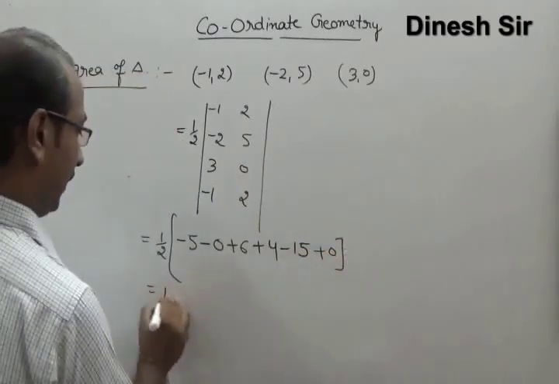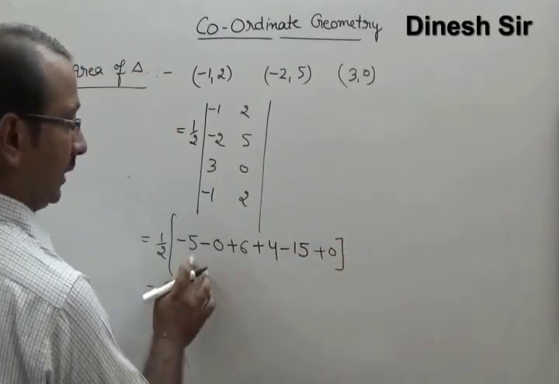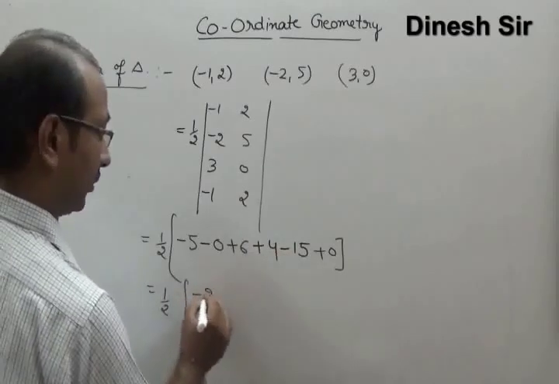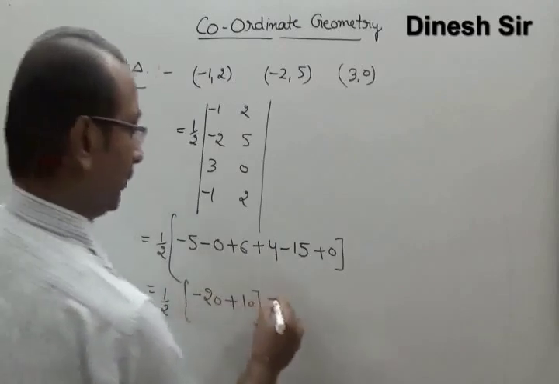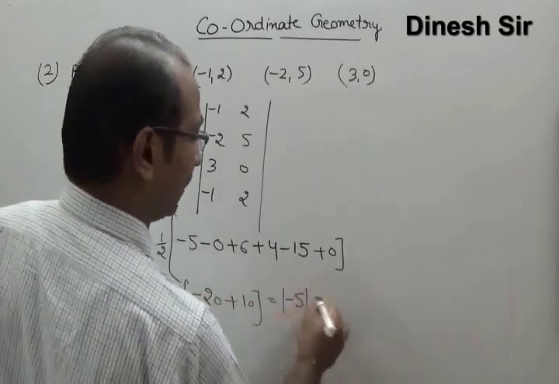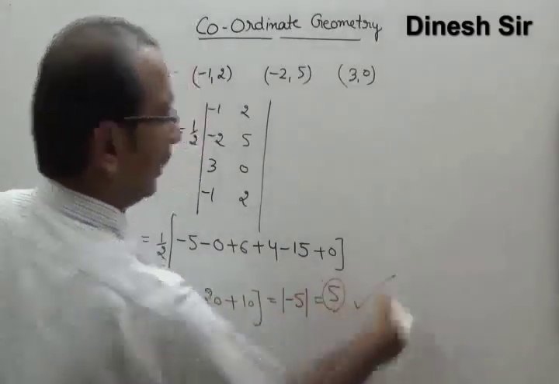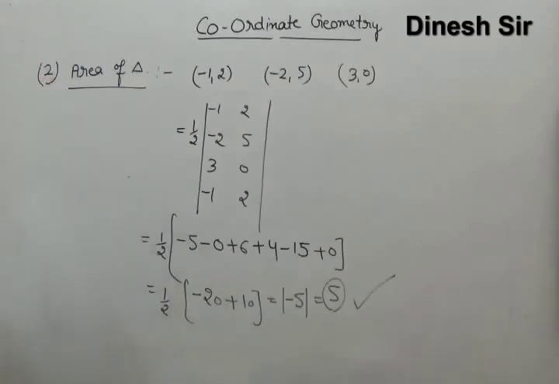Now this is 1/2 of -5 and -15, that is -20, plus 6 plus 4, that is 10, so we get -10/2, that is -5. Finally, the area is said to be 5, because we know that area is always positive. So I can say the area of the triangle is 5 square units. That becomes my answer. I hope it's clear.